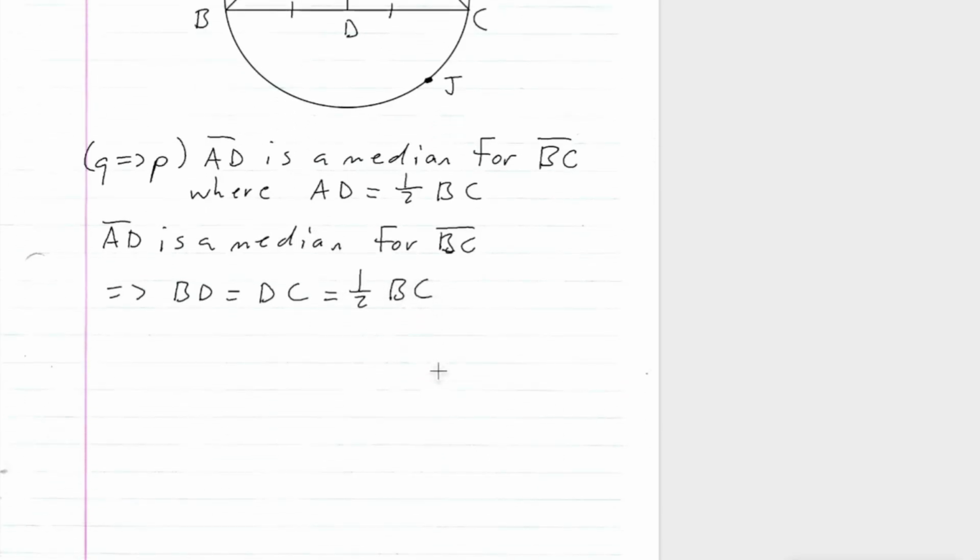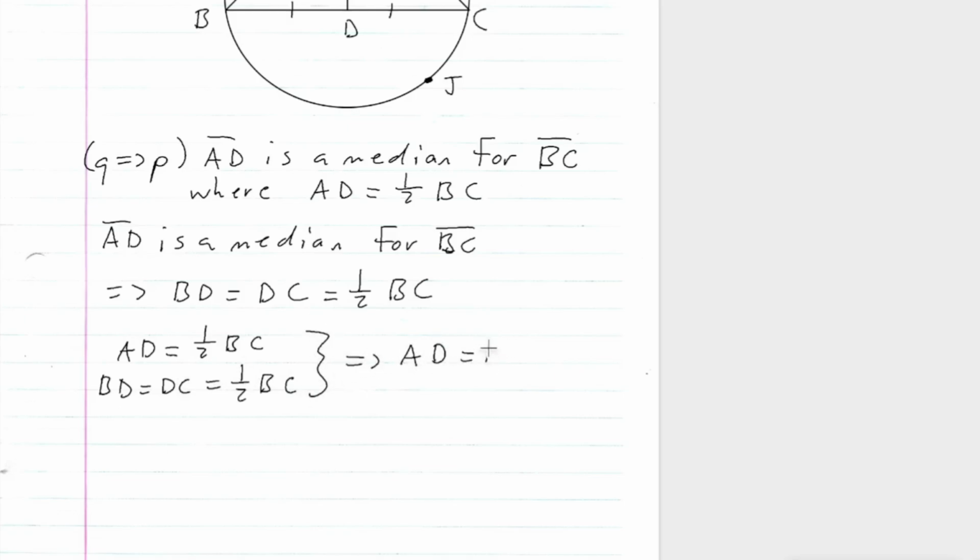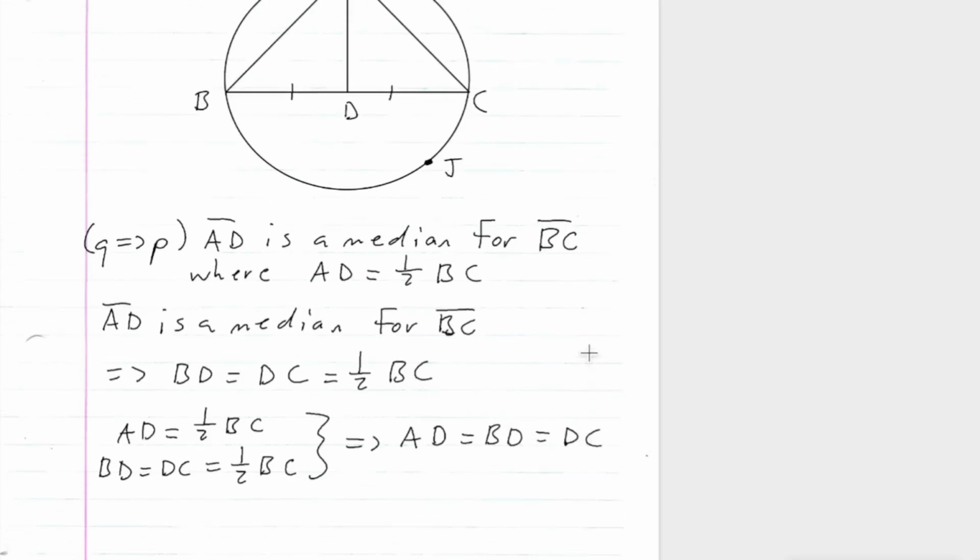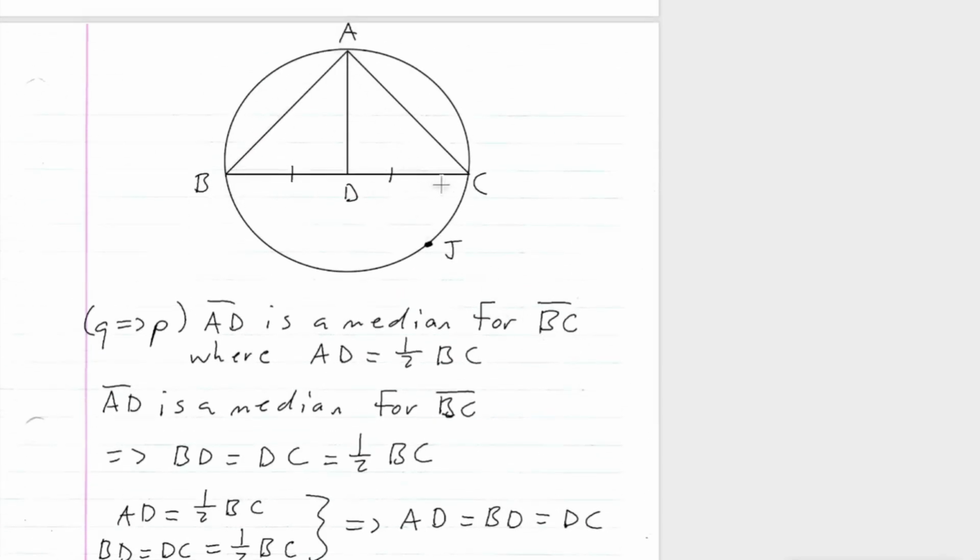Well, if I have that AD is equal to half of BC, and I have that BD is equal to DC, which is equal to half of BC, both of these things together imply that AD is equal to BD, which is equal to DC. So these points are equidistant from each other.